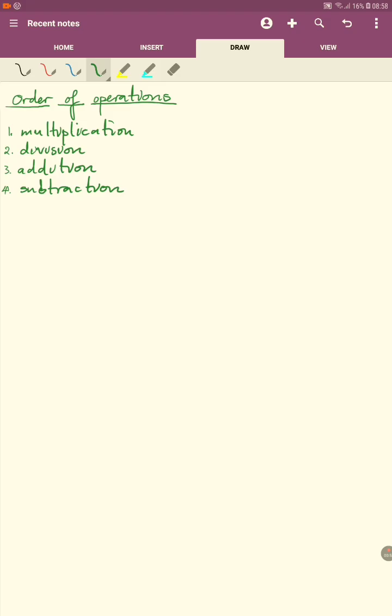Like when you have multiplication and division, usually multiplication and division, they take place first before addition and subtraction. We call that the order of precedence.